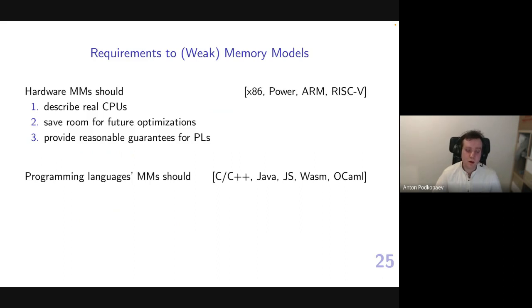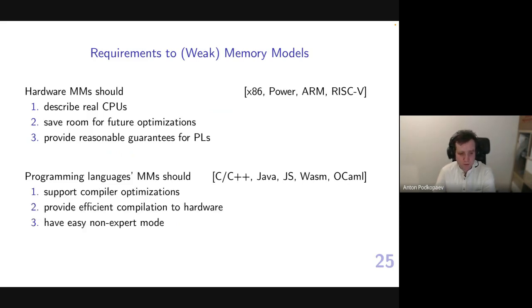And the third requirement, which actually gives us an upper bound on allowed behaviors, is that we need some reasonable guarantees about the behavior of concurrent programs. Because if we tried to comply only with the first two, we could allow any behavior for any concurrent program, but obviously that won't be a nice guarantee for programming languages which will be compiled to the architecture.